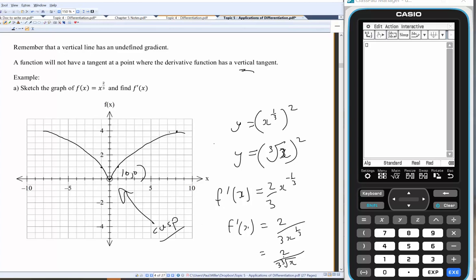So why do I know that? Let's take a number very close to 0. A small number when third rooted is going to be small. Multiplied by 3 is still going to make it small. 2 divided by that number is going to be huge, so it's going to be hyperbolic. Now, let's take a small negative x value.